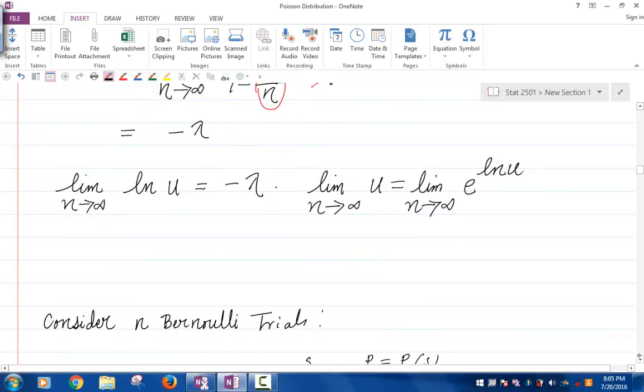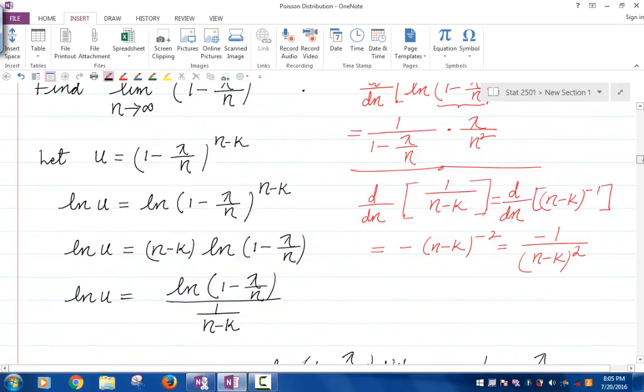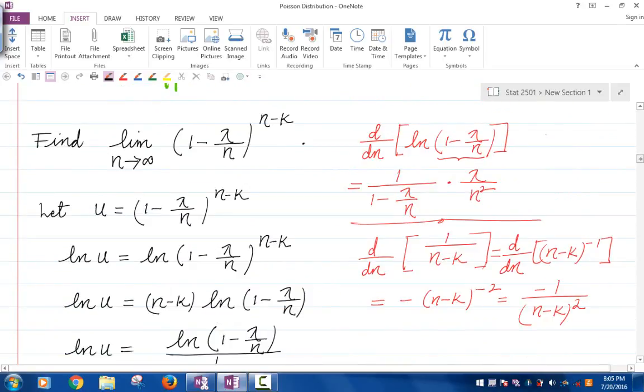Since the limit of ln of u is negative lambda, this would be e to the negative lambda. Remember what u was: (1 minus lambda over n) to the power n minus k.